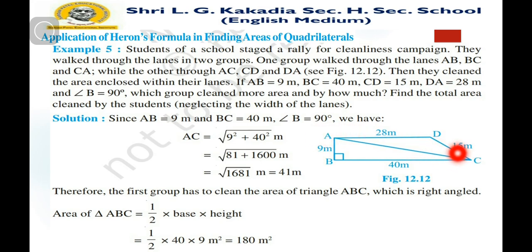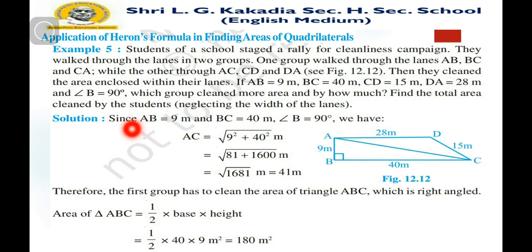So how can we find AC? As we know, ABC is a right triangle. So by using the Pythagoras theorem, we can find AC. After that we have all the sides, then we can easily find the area of both triangles.